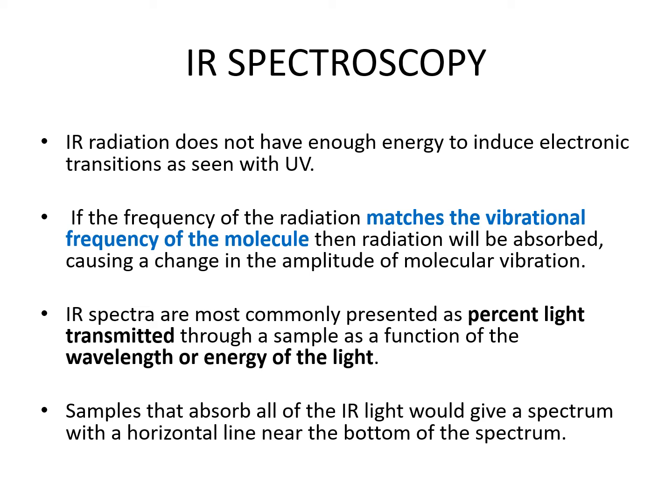So samples that absorb all of the IR light would give a spectrum with a horizontal line near the bottom of the spectrum. But not all samples absorb IR light, and we will discuss this in detail in the coming slides.